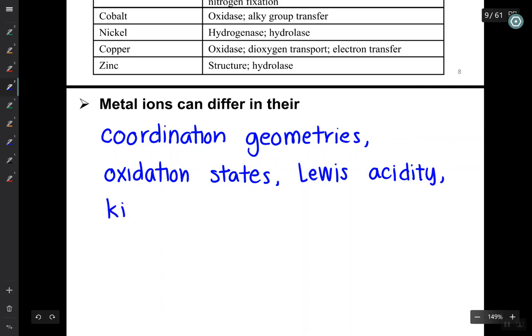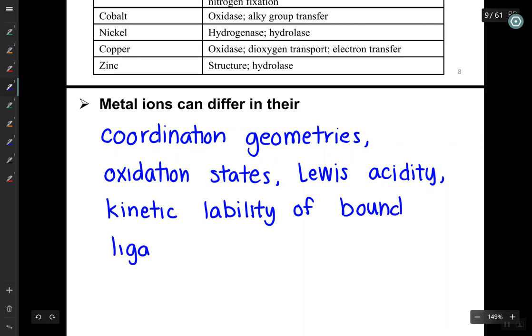Kinetic lability of bound ligands, which basically just means how easily the ligand comes off and on to the metal.